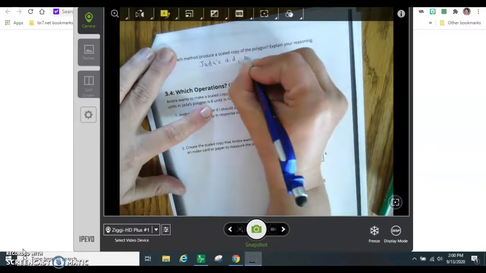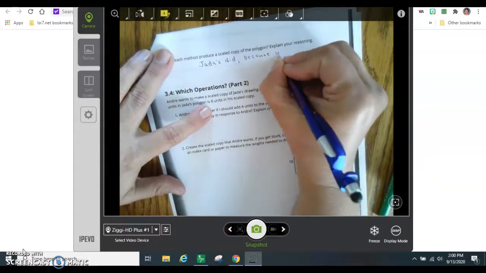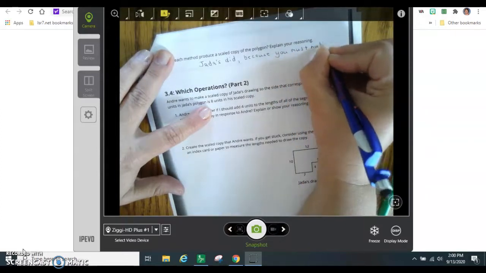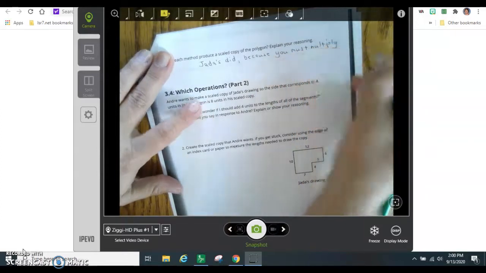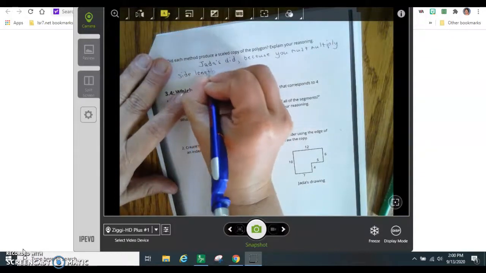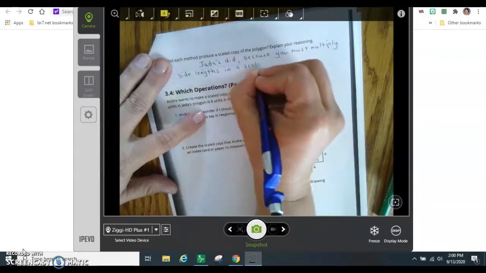And why? Because you must multiply side lengths in a scale drawing.